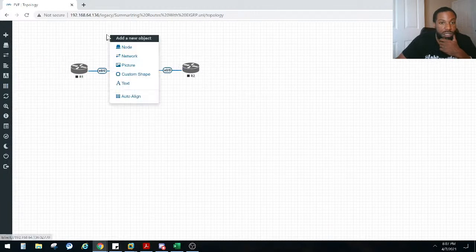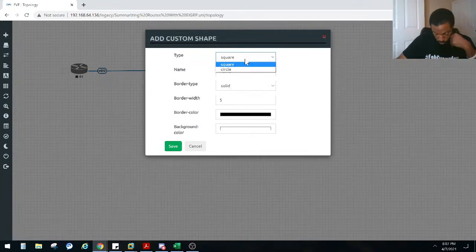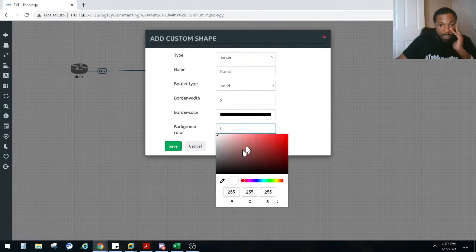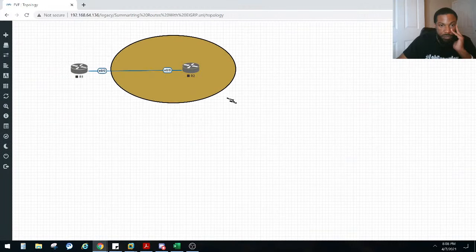What's going on here? There you go. Do I want a circle or a square? Let's go with a circle again. And the background, let's do it in not yellow. Let's do it in this dark, I guess orange or whatever.